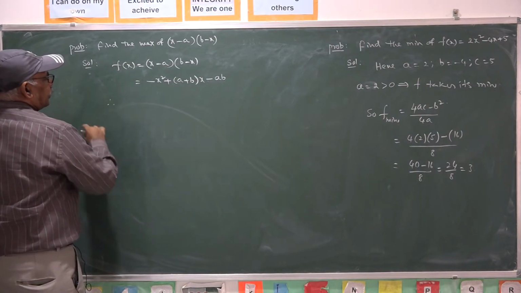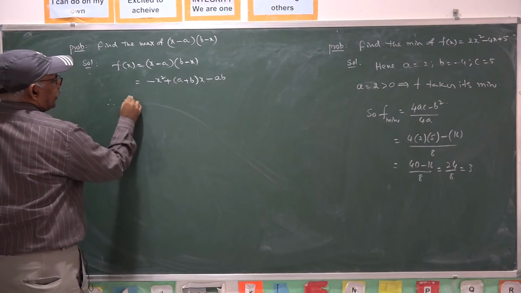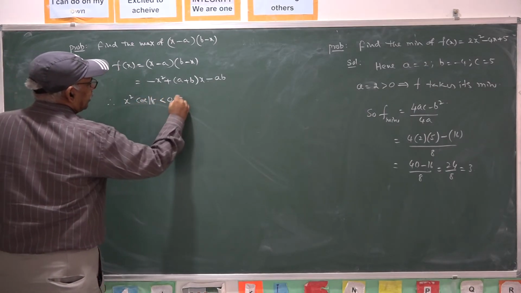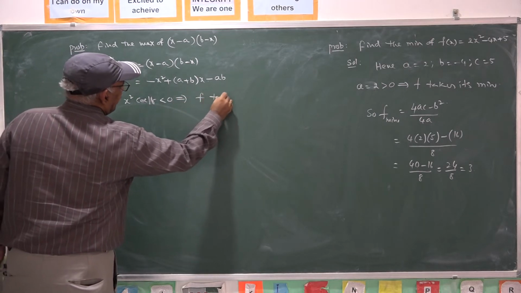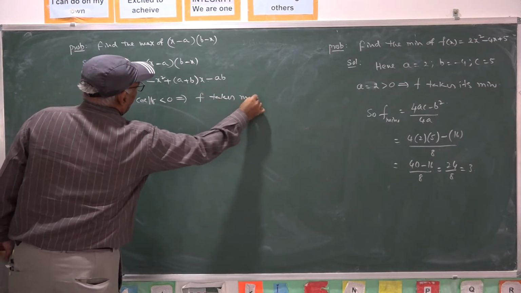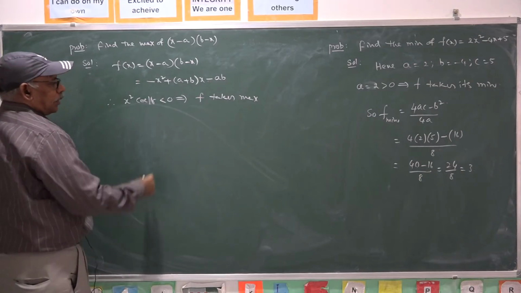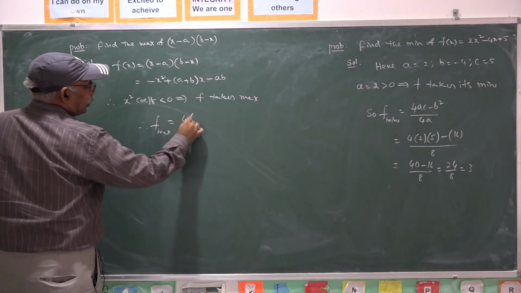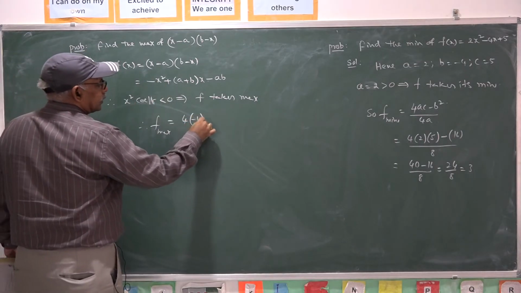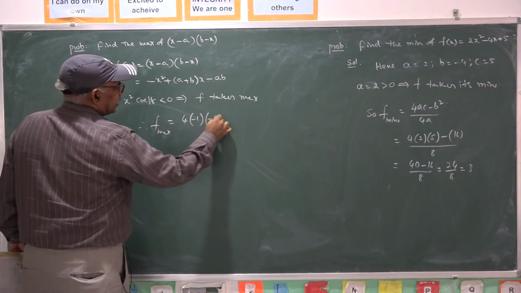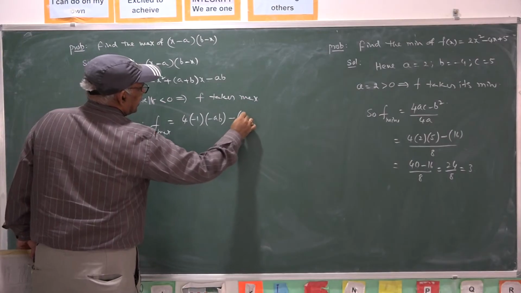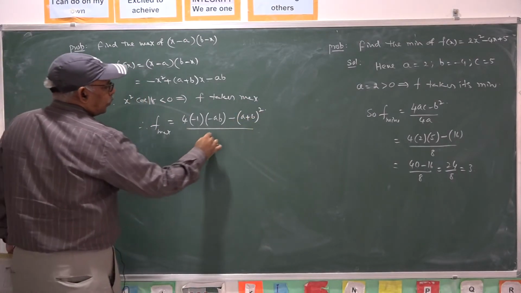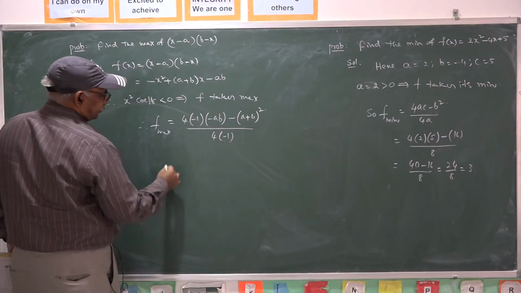So, therefore, since x square coefficient is negative, f takes only maximum. Therefore, f maximum value is 4ac minus b square by 4a. A means here minus 1. C means minus ab. Minus b square means a plus b whole square, by 4 into minus 1.